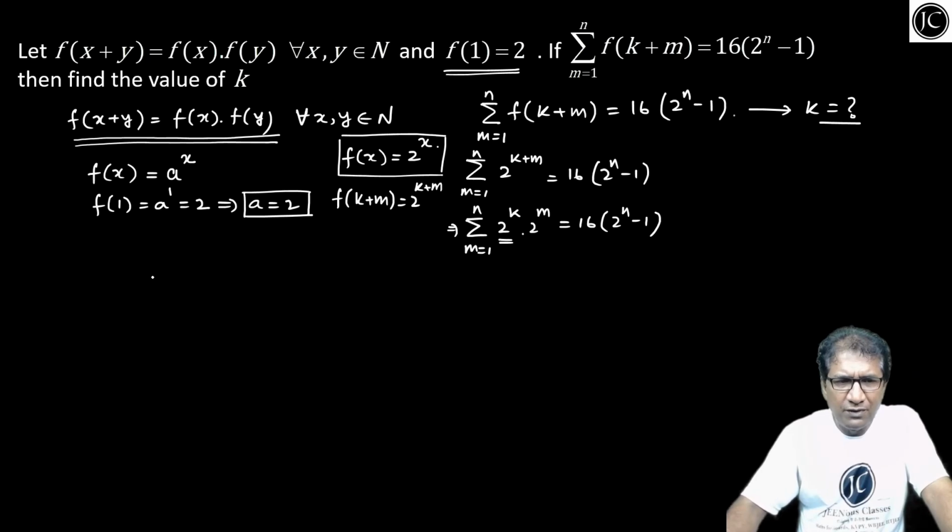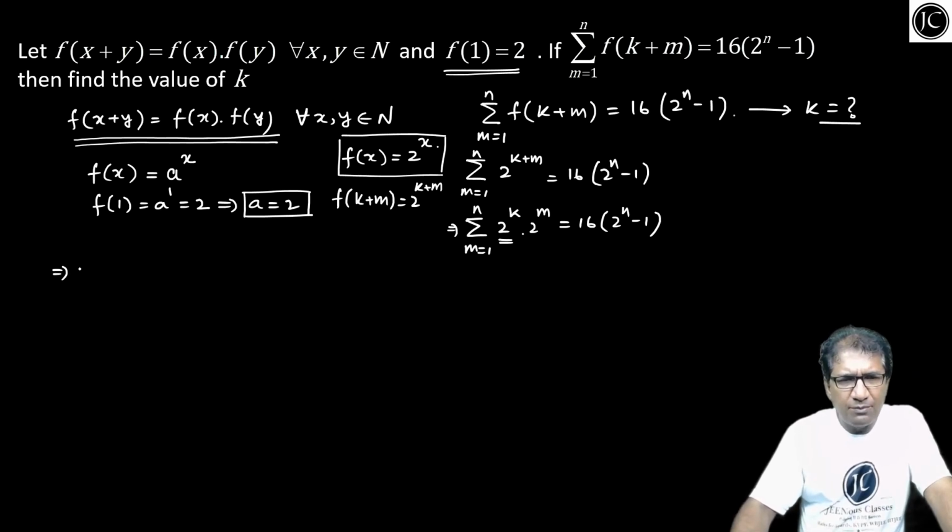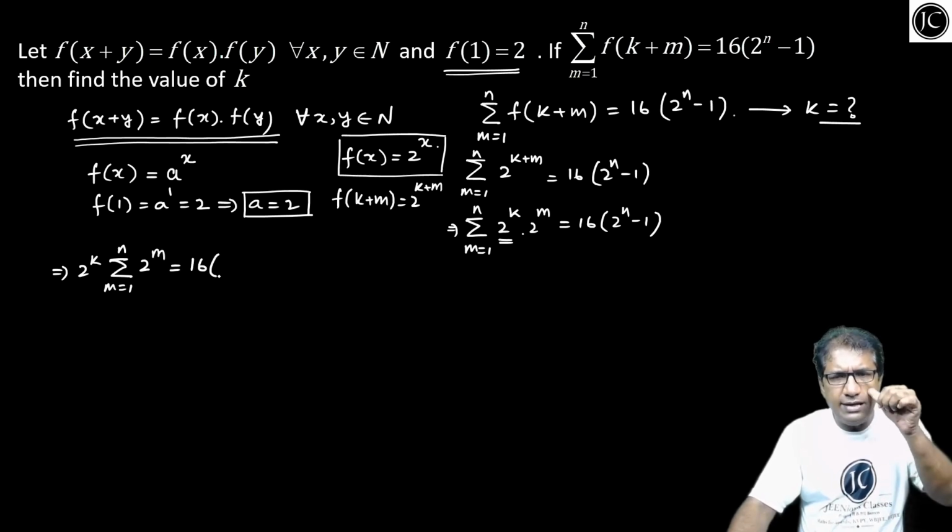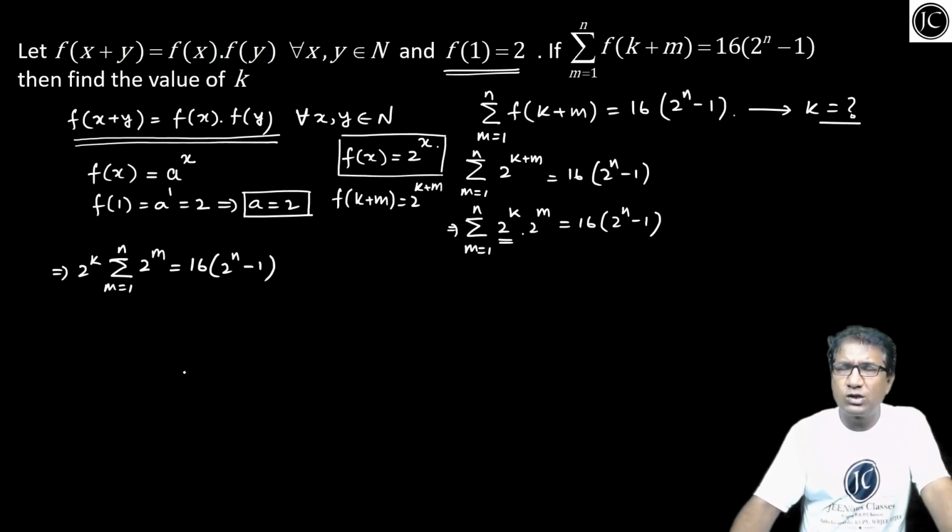So what we can write, 2 to the power k सिग्मा के बाहर, sigma m is from 1 to n, 2 to the power m equals to 16 into 2 to the power n minus 1, right? So it is 2 to the power k.